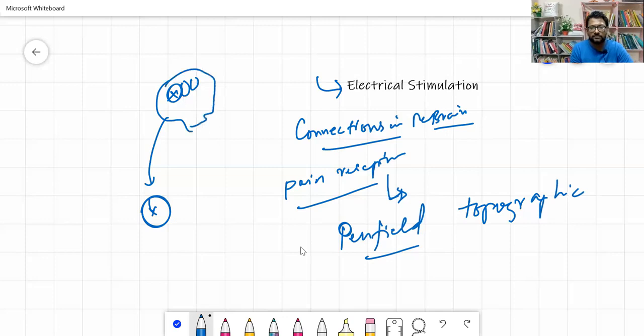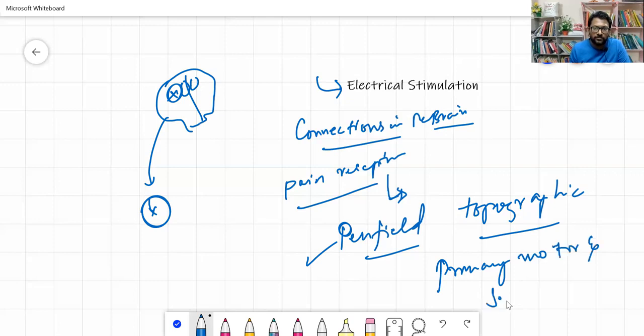That was first given by Penfield, using these topographic representations of body areas in the primary motor and somatosensory cortex, by using electrical stimulation.